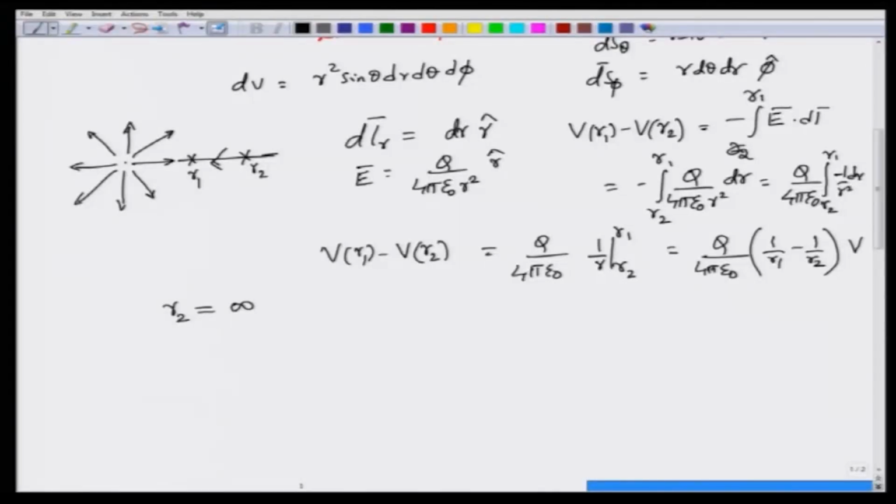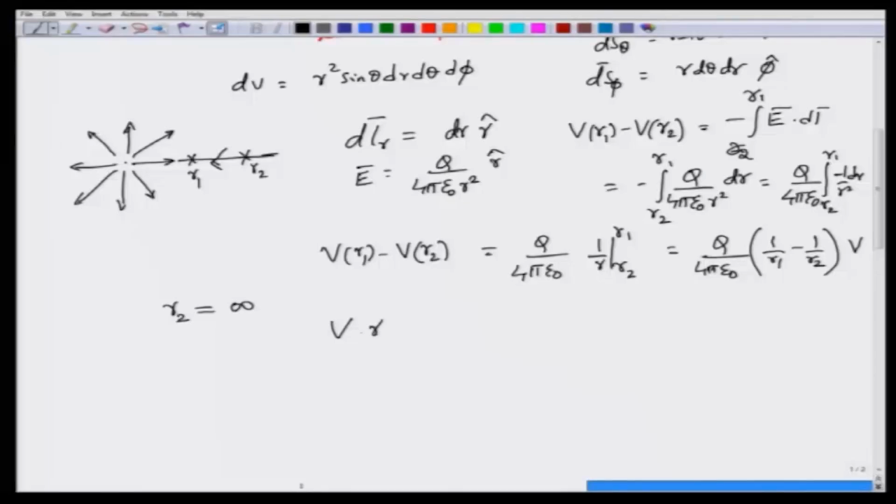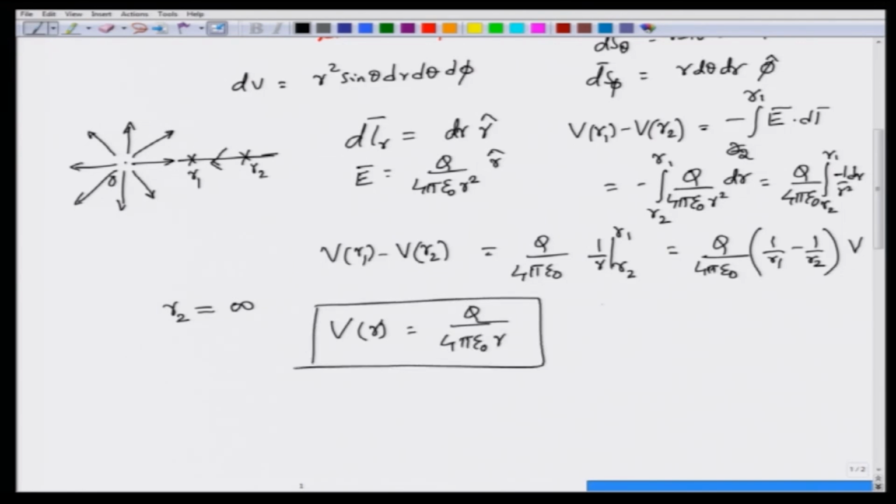As R2 becomes very large, 1 by R2 will be equal to 0. So, the potential at any point R, measured from the origin, is given by q by 4 pi epsilon 0 r, where R2 equal to infinity is taken as reference.